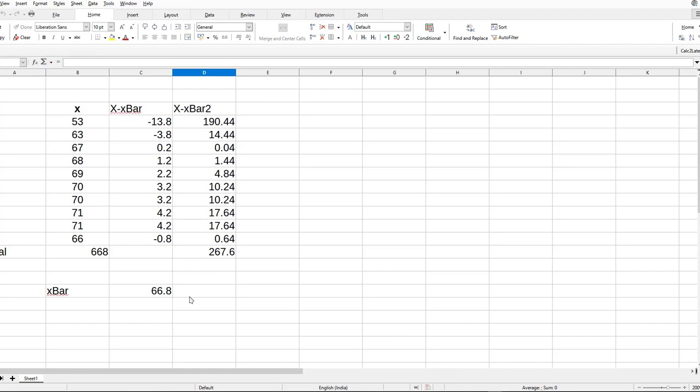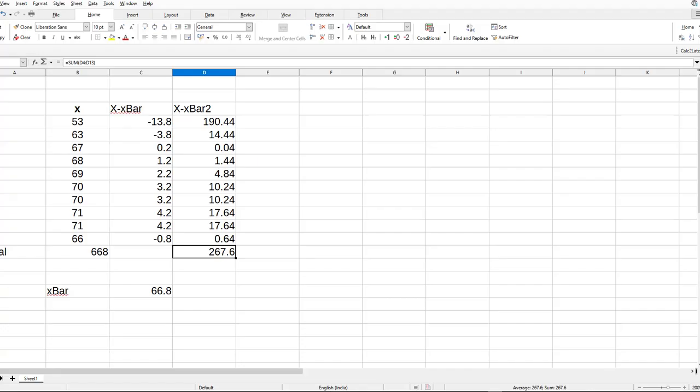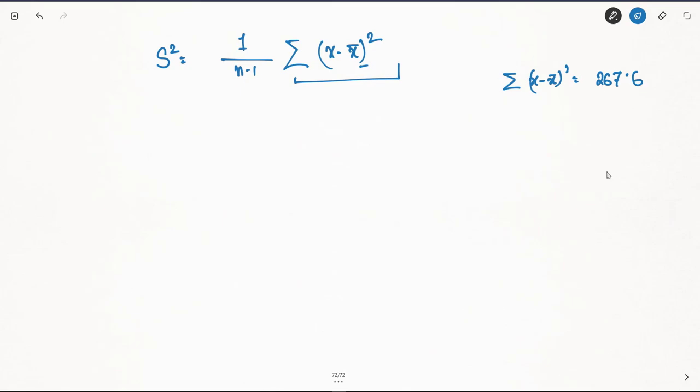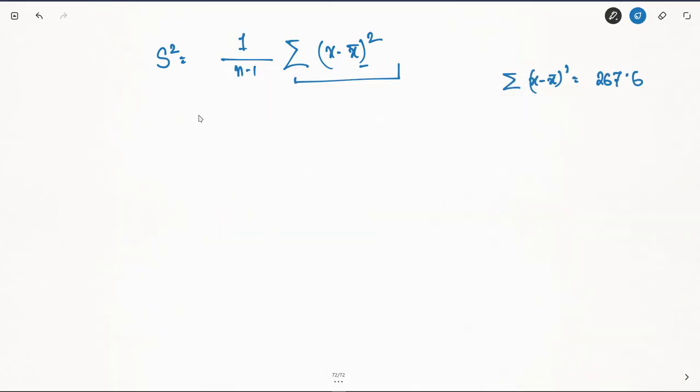So I will add the sum, and the sum is 267.6, right? So summation x minus x bar whole square is equal to 267.6, right? So what will be s square?